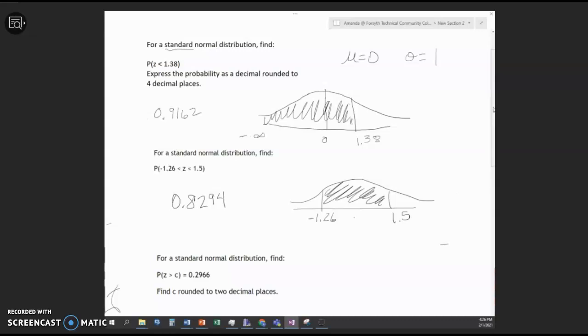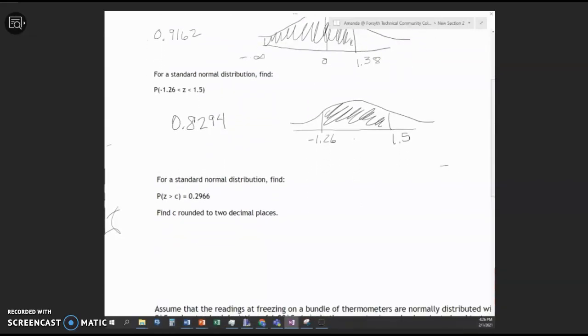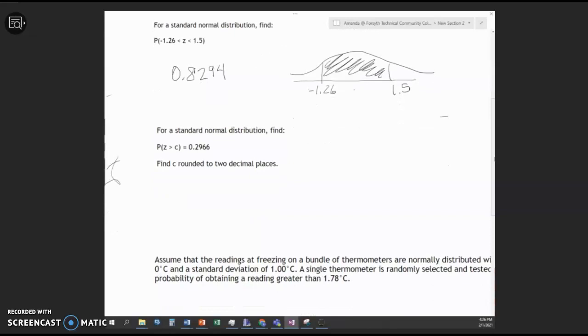All right, the next question is a little bit different. For a standard normal distribution, find c such that the probability that z is greater than c is equal to 0.2966. In this case, again, I'll draw my picture, but now we're looking for something different. We have our mean here at 0.